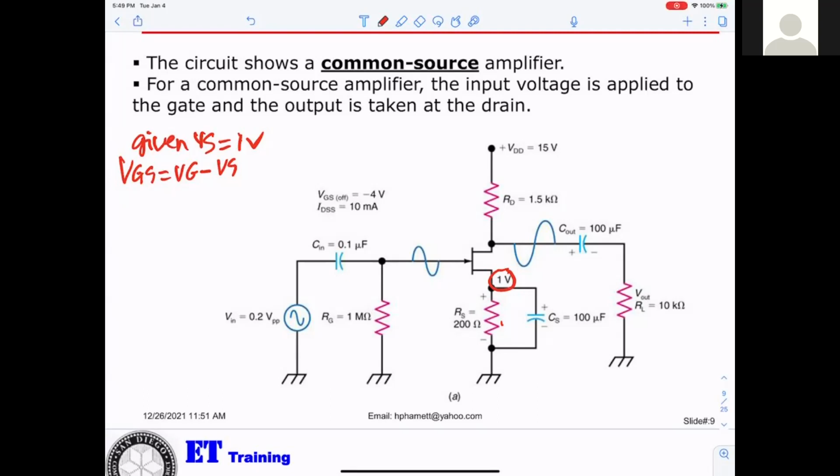That is the gate right here. So from there to ground, minus the 1, would be VGS. Then the formula will be VGS equals VG minus VS. But my question is what does VG equal on this schematic?